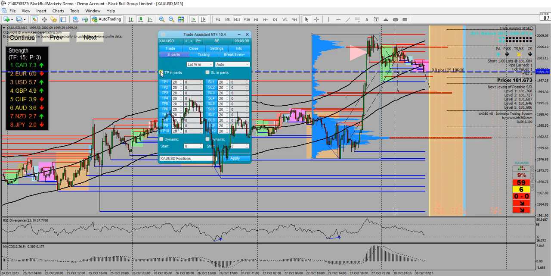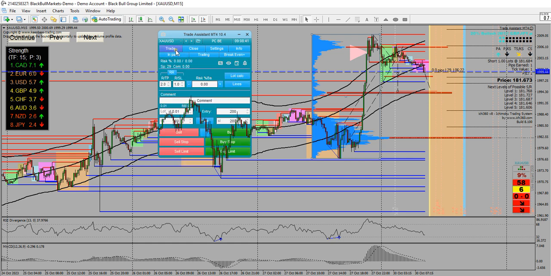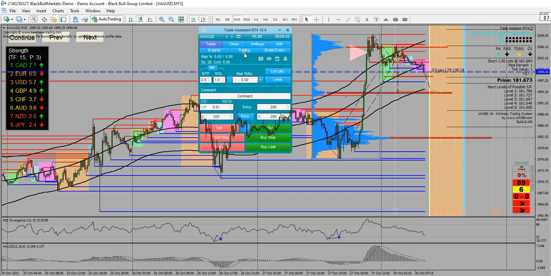Trailing partials 1, 2, 3, 4, 20%, 20%, 20%. By the time you get this all done, it should be set up in the first place. Let's see if this is working. Sometimes this doesn't work for some reason.